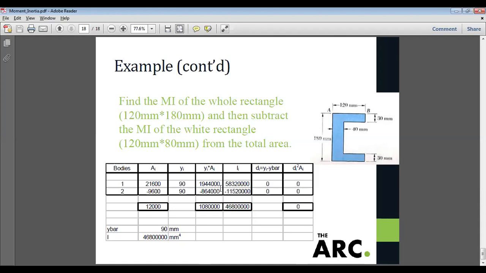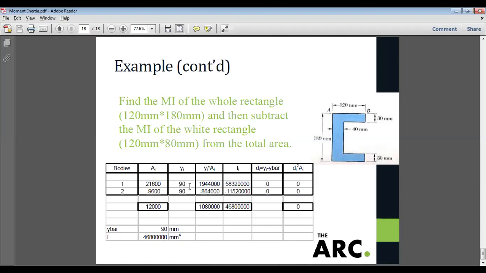Okay, so this was the case, and then we have the total, combining these two, and y bar 90, giving 4 lakh 80,000.